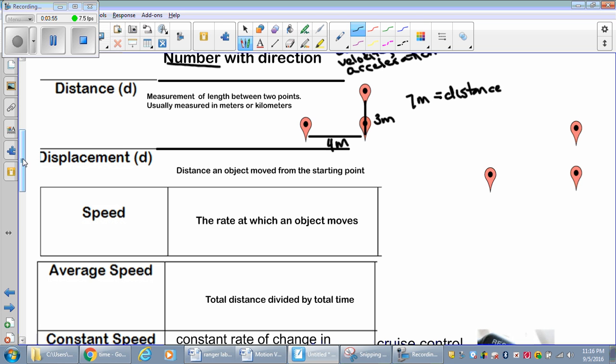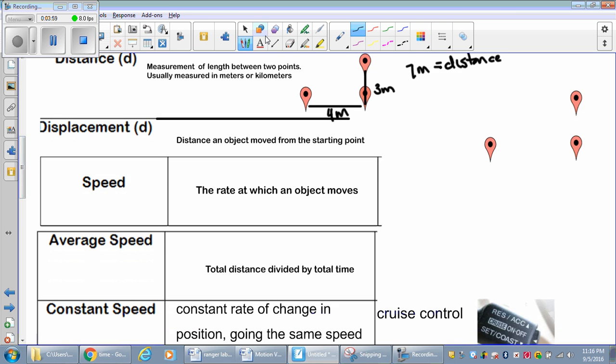Okay, now let's look at displacement. Displacement, on the other hand, I'm going to have the exact same setup, between these first two positions 4 meters, these two 3 meters. Our displacement, though, would be the distance an object moved from the starting point.